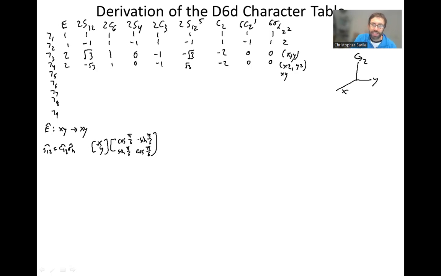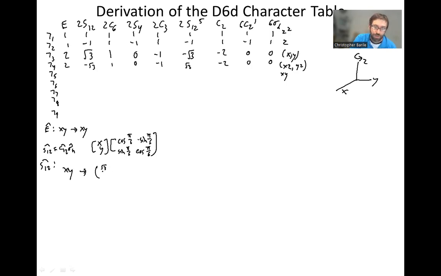And so what this is saying is that when we have xy, x is going to transform into cosine pi over 6 x minus sine pi over 6 y. Using matrix multiplication rules, cosine pi over 6 is root 3 over 2.